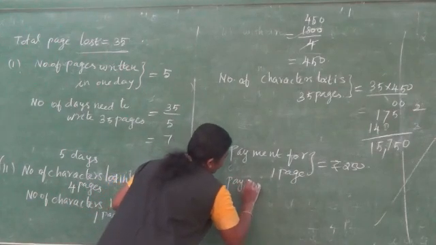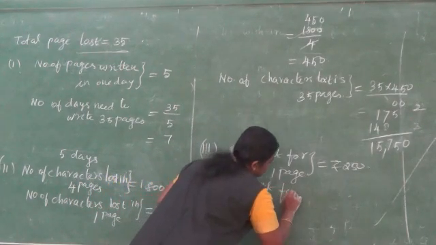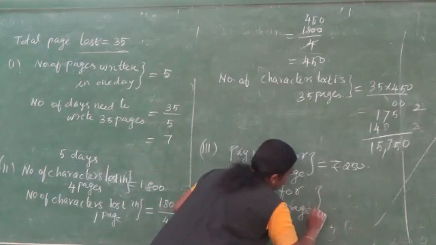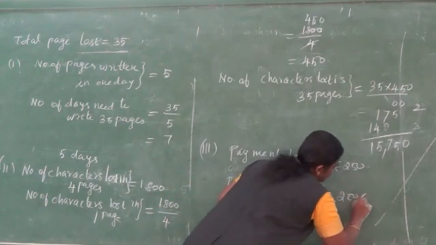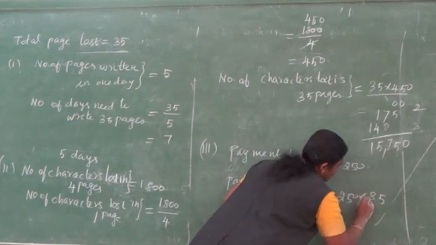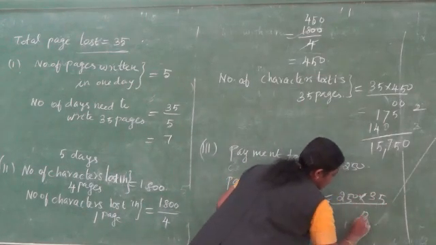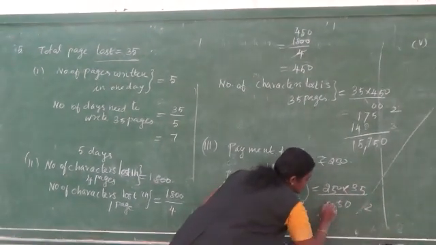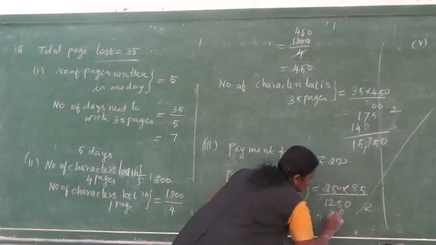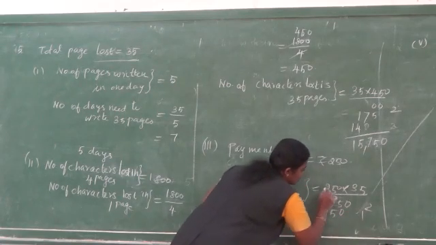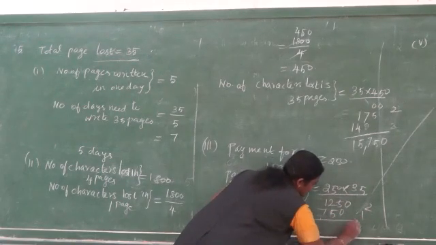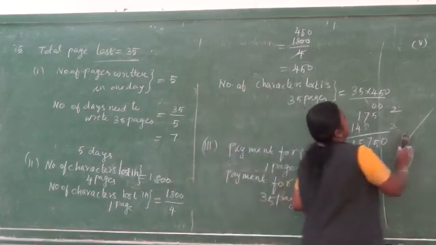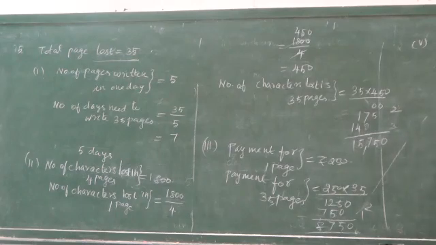So payment for 35 pages, 250 into 35. If you are multiplying, you will get the answer 0, 5 5s are 25, 2 5s are 10 plus 2, 12, 0, 5 3s are 15, 1, 2 3s are 6 plus 1, 7, 0, 5, 7, 8,750 rupees has to be paid.